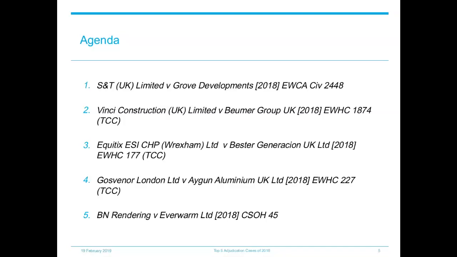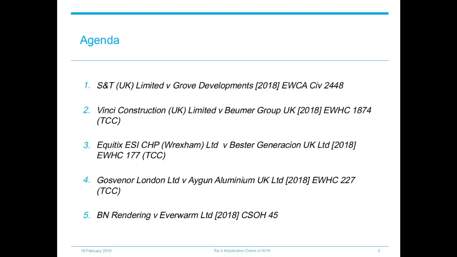We will then look at the case of Gosvenor London Limited against Aygun Aluminium UK Limited, where the TCC looked at the enforcement of an adjudicator's decision that was purportedly based on fraudulent invoices.